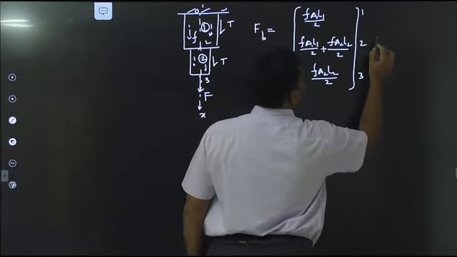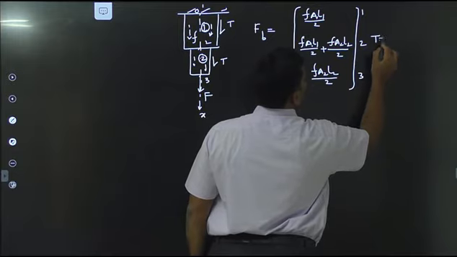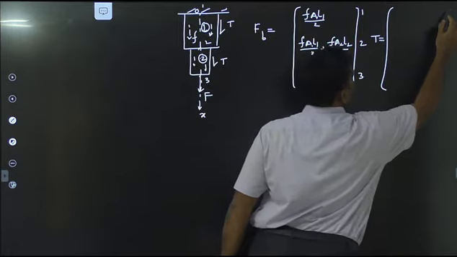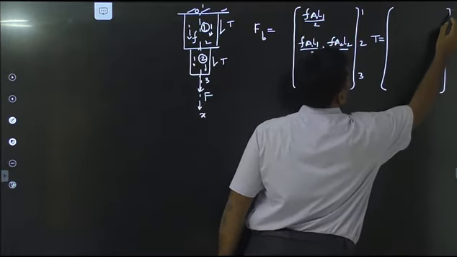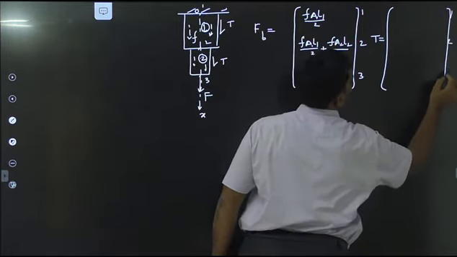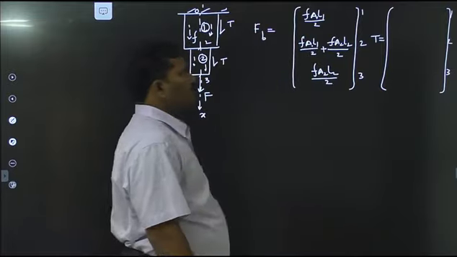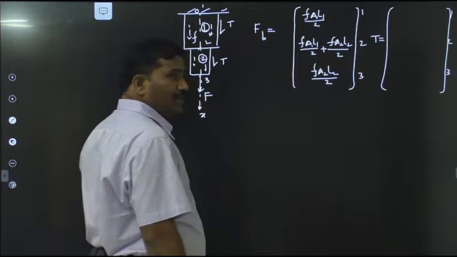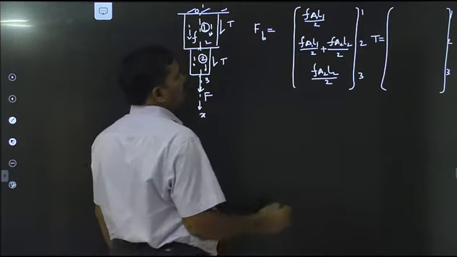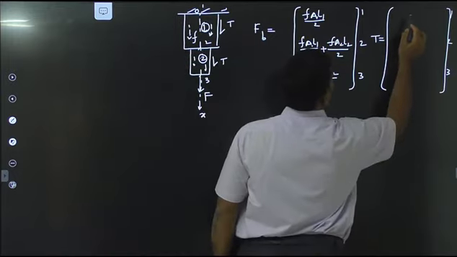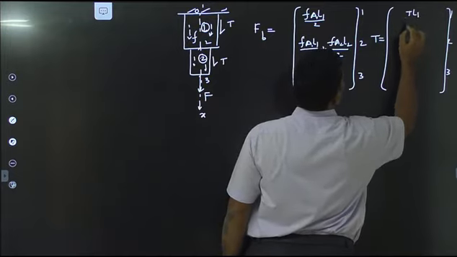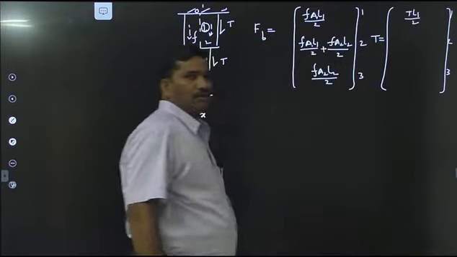Global traction vector capital T. It is also a 3 by 1 matrix. What are the corresponding degrees of freedom? Q1, Q2, Q3. Hence I write 1, 2, 3. Okay, what is the first element? The element in the 1 by 1 location. Now, the first one is T L1 by 2. Right?